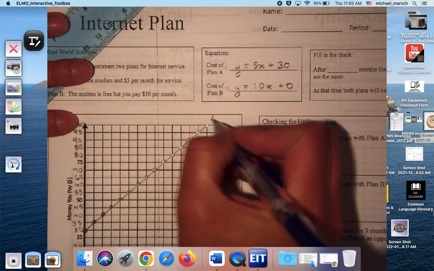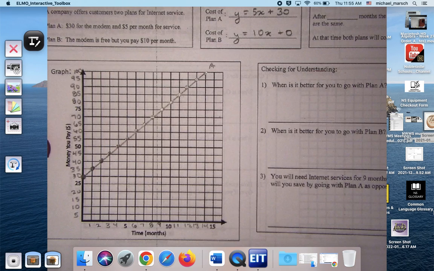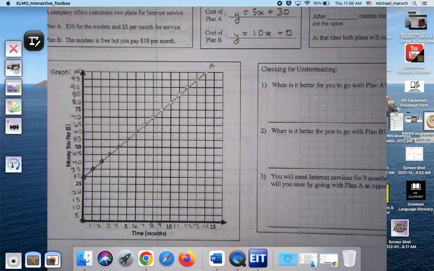And then I'm going to put an A here, so I remember that that is Plan A. And then Plan B starts at $0 because they don't charge you for the modem, and it's $10 a month.